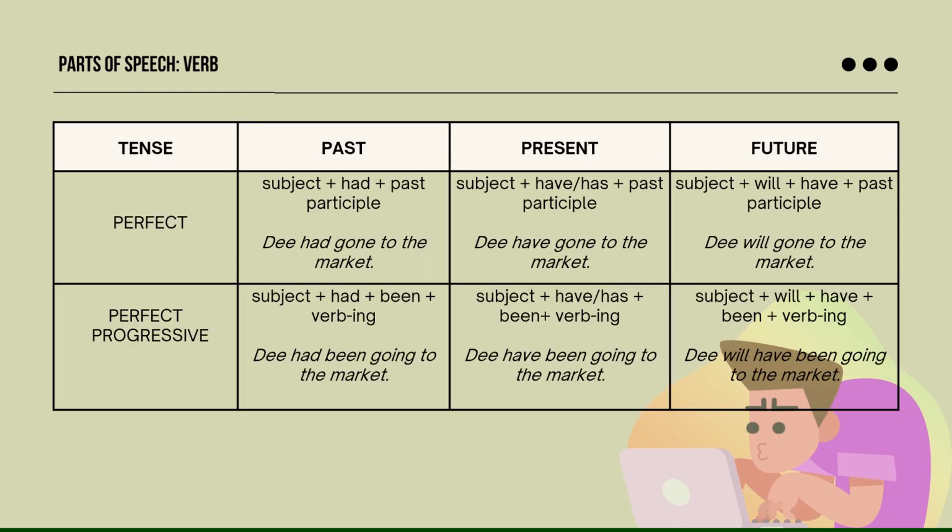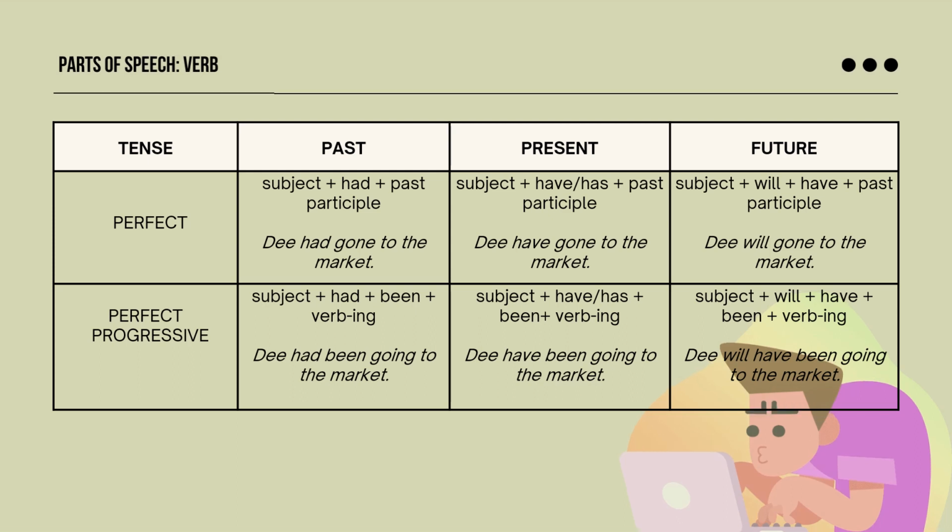Another one is the perfect tense. The past tense rule is subject plus had plus past participle, so we have D had gone to the market. For the present tense, we have subject plus have or has plus the past participle: D has gone to the market.